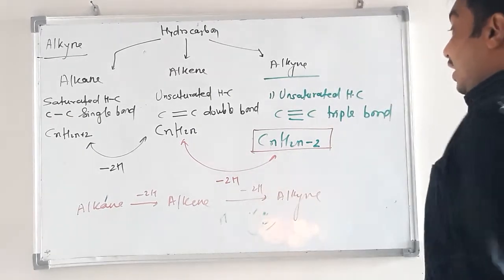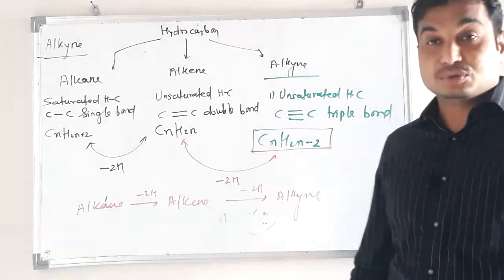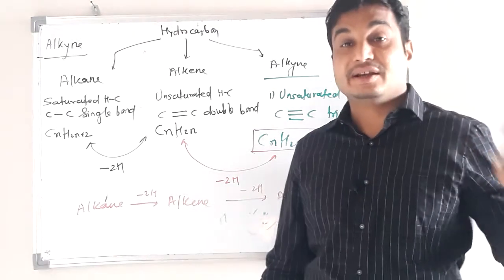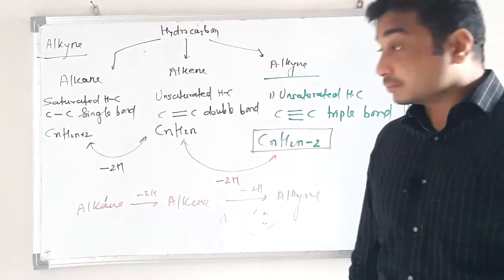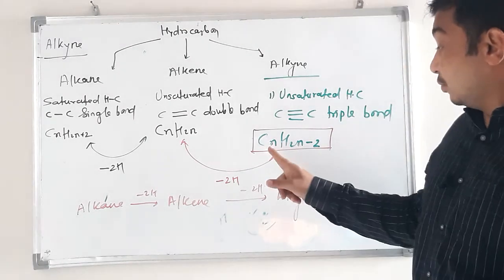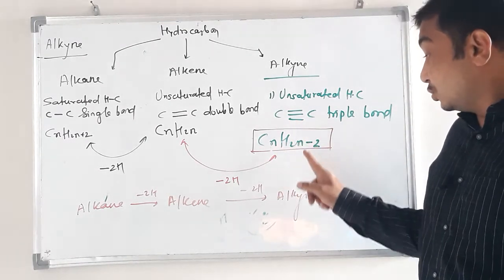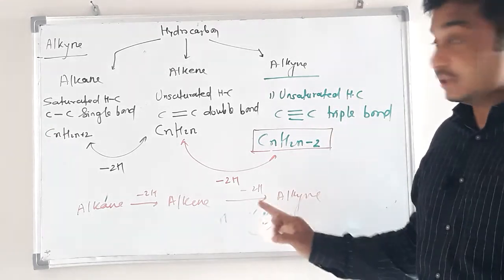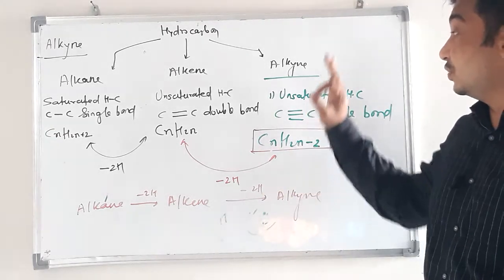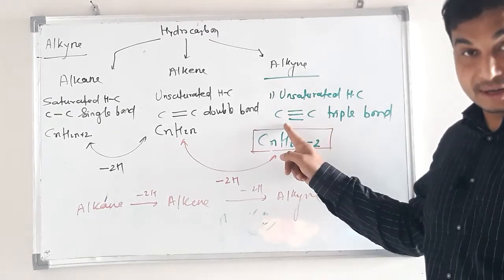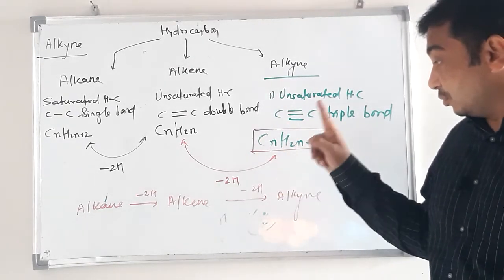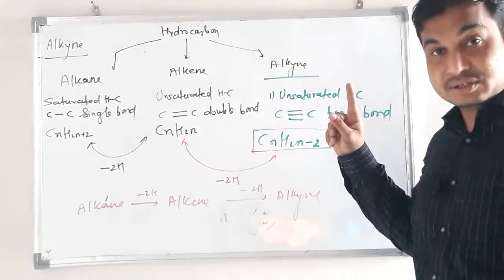So alkyne is nothing but an unsaturated hydrocarbon containing one carbon triple bond and having general formula CnH2n-2. This is the simple definition of alkyne: unsaturated hydrocarbon with carbon triple bond and general formula CnH2n-2.